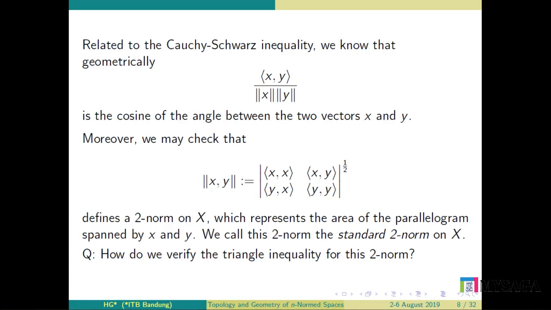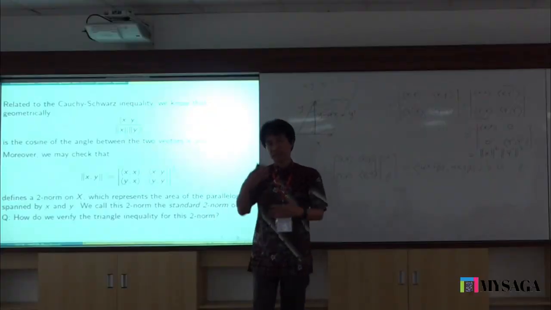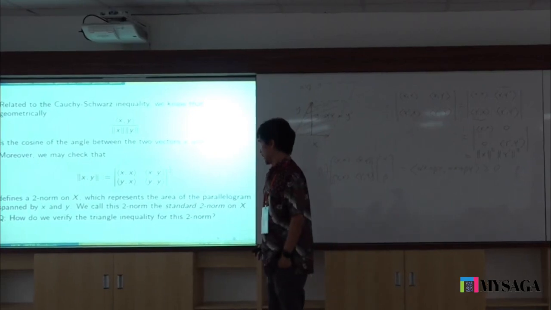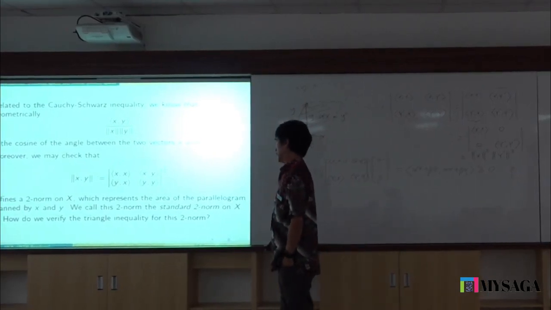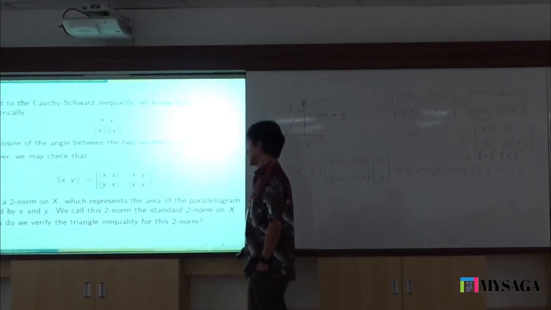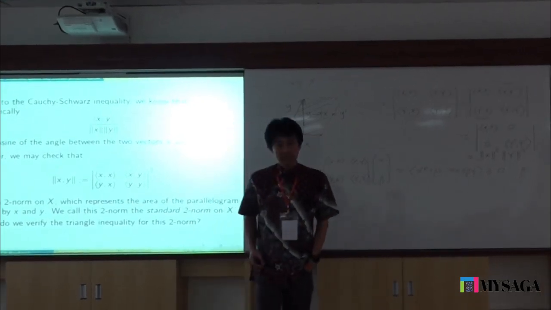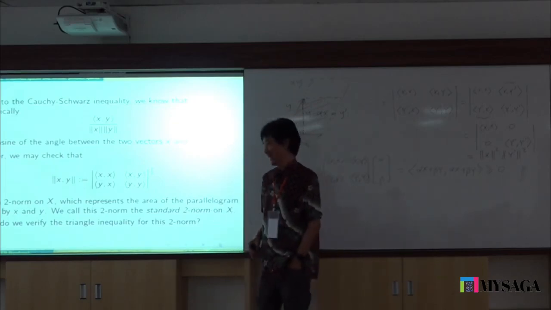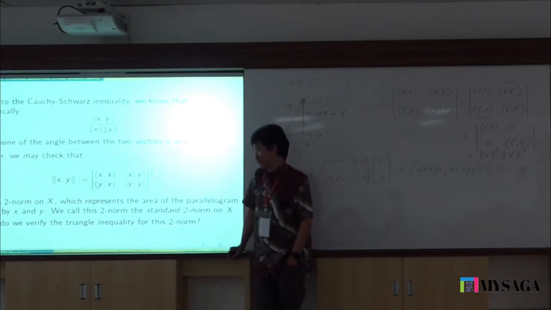And as the area of the parallelogram of x and y, you can check the four properties easily, of course. We call this the standard two norm on x, but then I didn't tell you the truth to check all the properties easily.